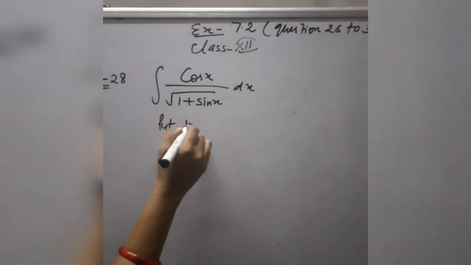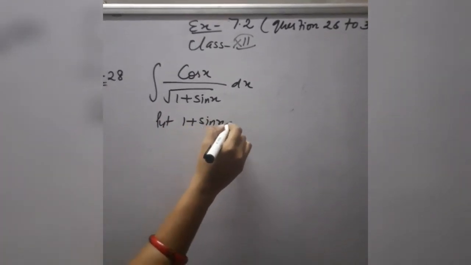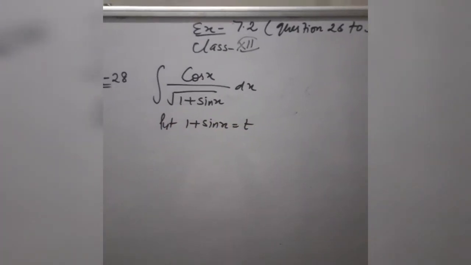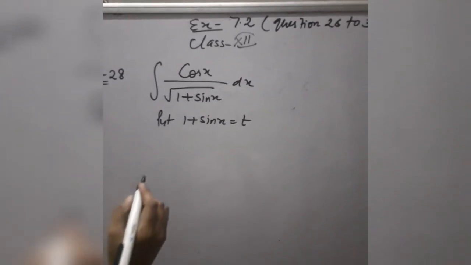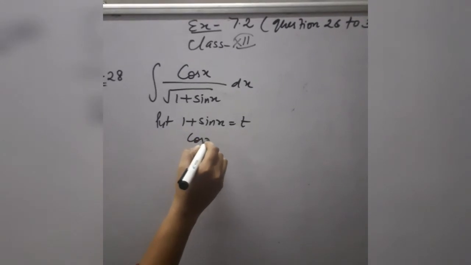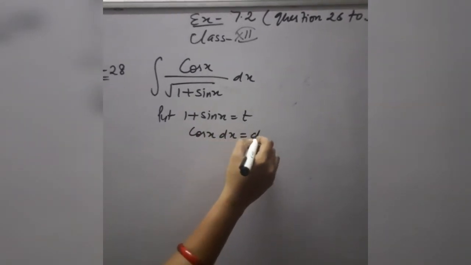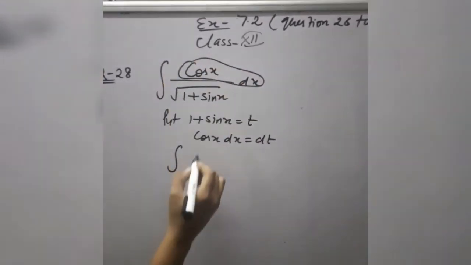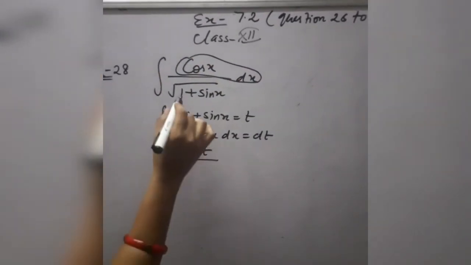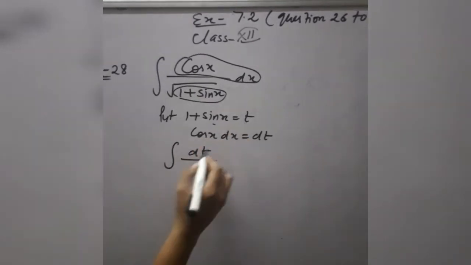That's why in this sum you will put 1 plus sin x is equal to t. Again differentiating both sides with respect to x, then you will get cos x into dx, which is equals to dt. So in place of cos x into dx write down dt. In place of 1 plus sin x write down t.